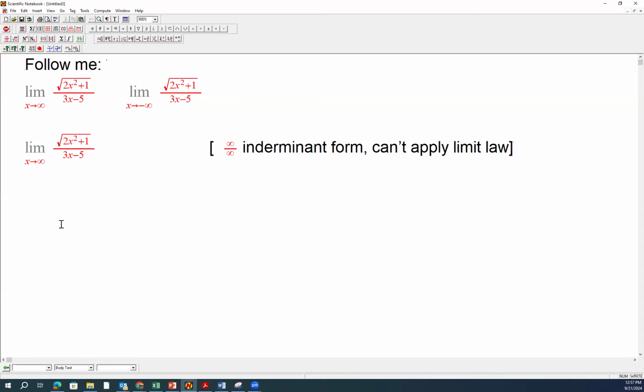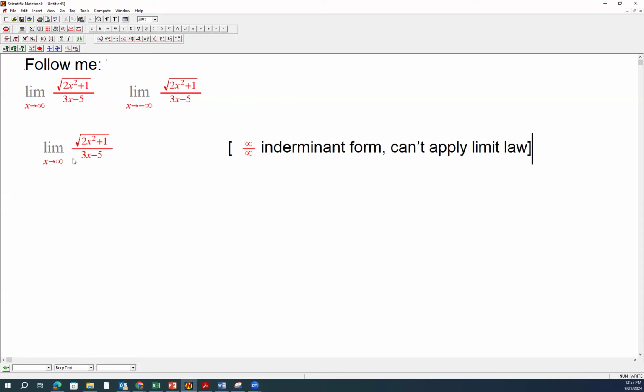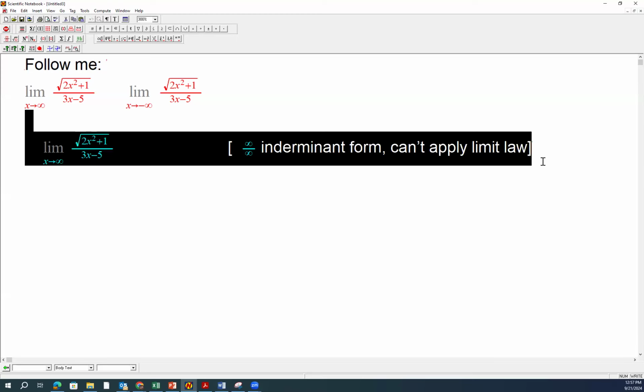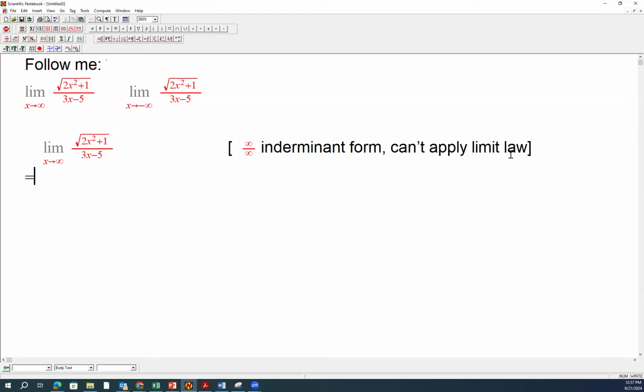So what can we do? Well, we have some techniques we can use. The technique, as we all know, is to divide the top and bottom by x. We basically assess the highest power.